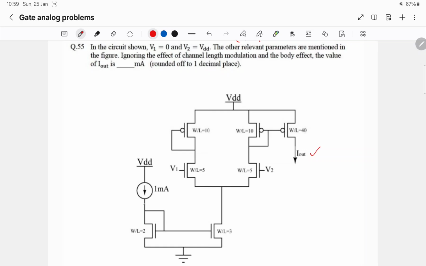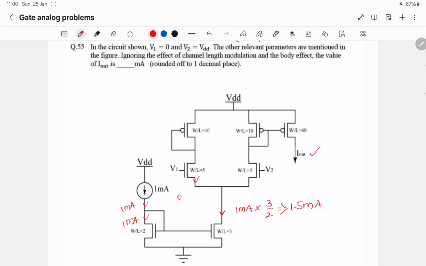So the current flowing here is 1 milliamp. In this MOSFET 1 milliamp will flow. W/L of this MOSFET is 3. So the current flowing here is 1 milliamp into 3 by 2, that is 1.5 milliamp.